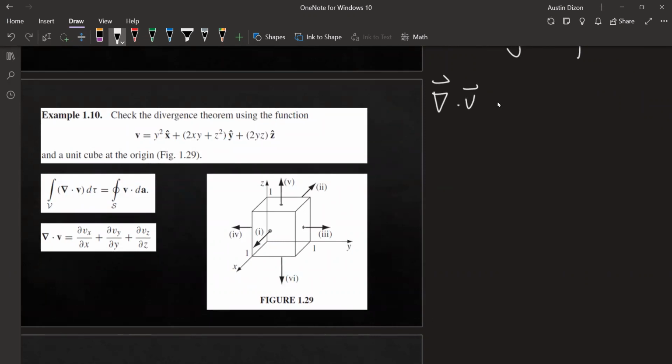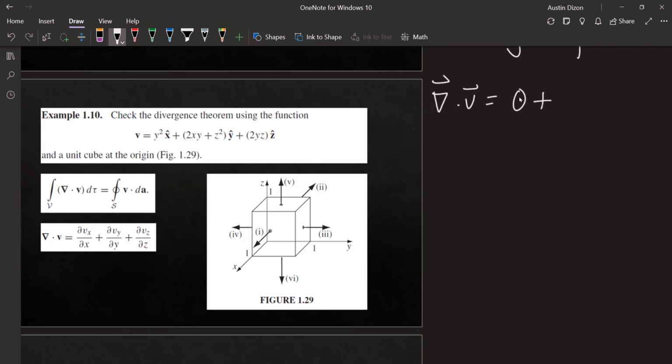Okay. So the derivative mo lang yung x component with x, y component with y, z component with z. So sa una, wala tayo, 0. Kasi x component ni V is dependent on y. So, partial derivative, 0, di ba? Okay, so 0 una.